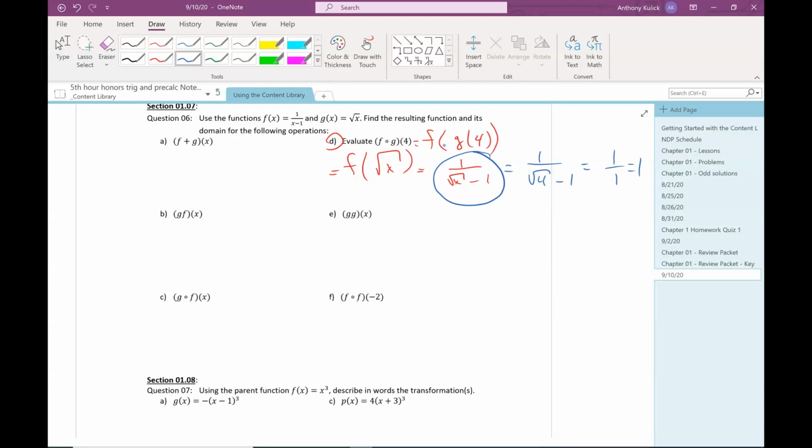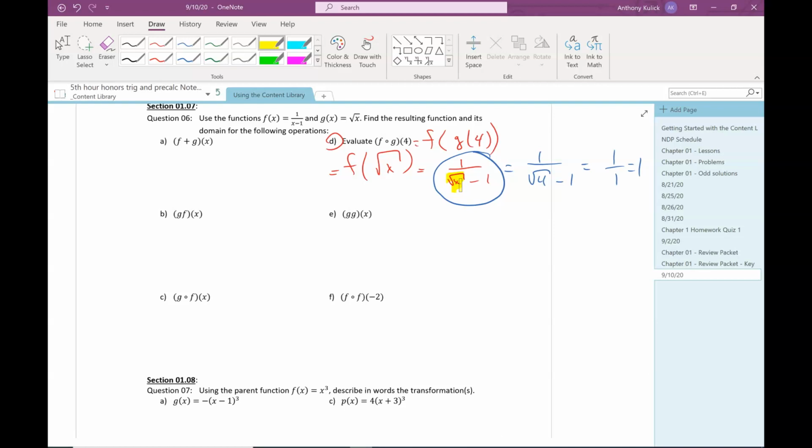So when I'm thinking about a domain, and all I'm given is an equation, what I want to think about is, how can this equation become undefined? When I look at this particular equation, there are two parts that I would be concerned with. I know that a square root can cause something to be undefined, right? When is a square root going to be undefined?